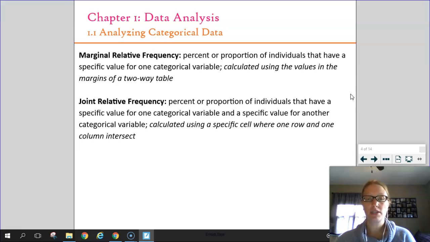These are calculated using a specific cell where one row and one column intersect. The reason they're called joint is just like a joint in your body that connects two different bones. A joint relative frequency connects one row with one column, and it's where they intersect. So let's take a look at this to get some practice.